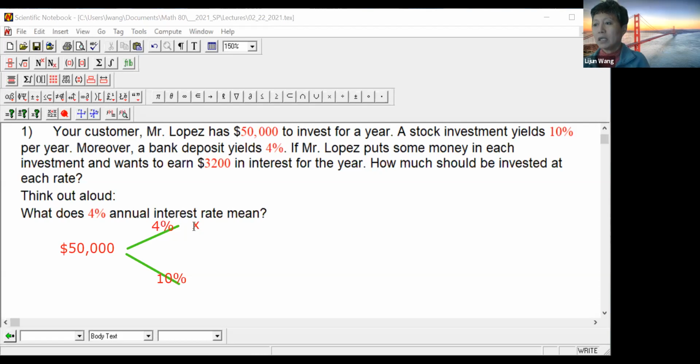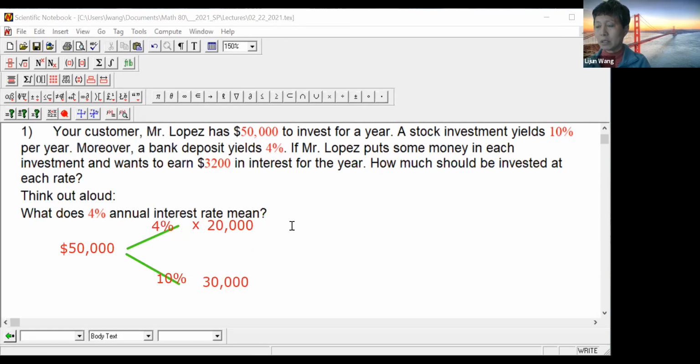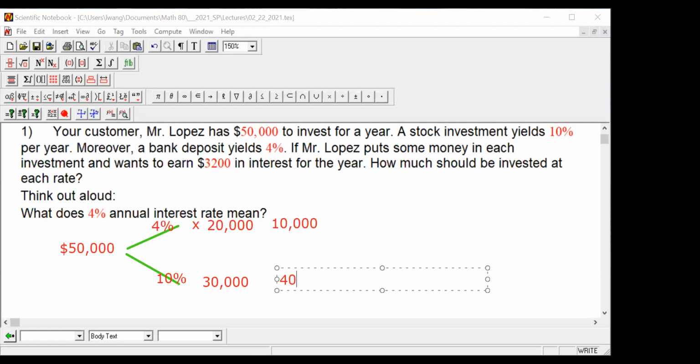Suppose if I put, for example, 20,000 of the 50,000, how much will be left for the 10%? 30,000. Okay, but if I put 10,000, how much will be left for the 10%? 40K. Very good.